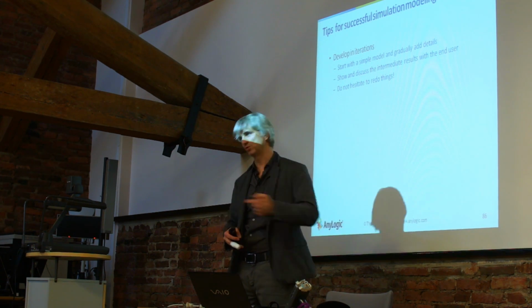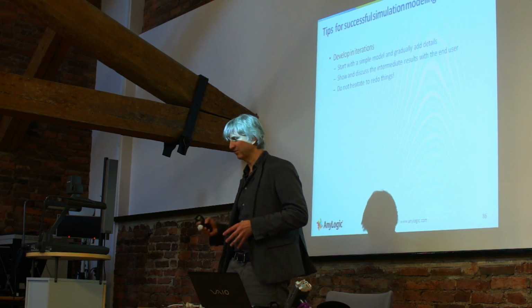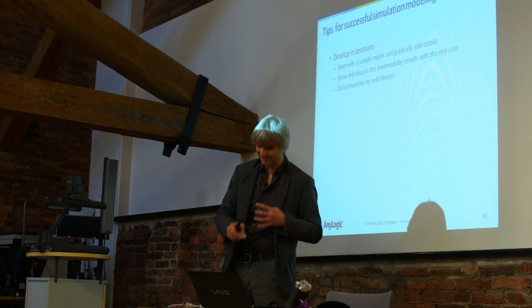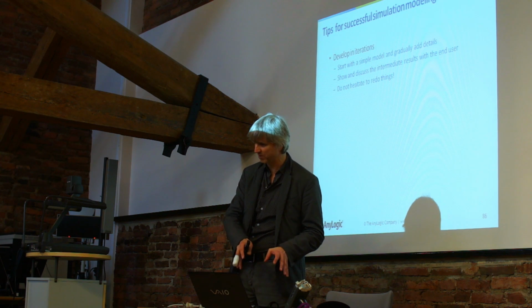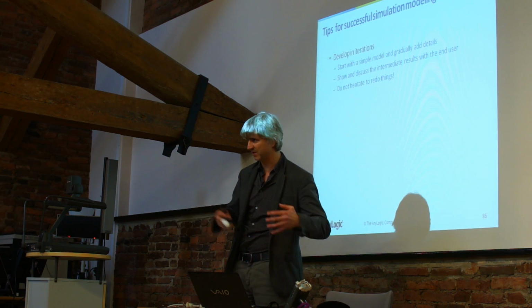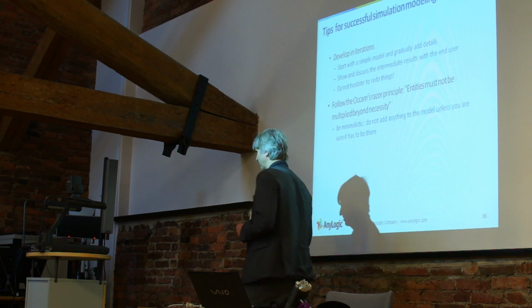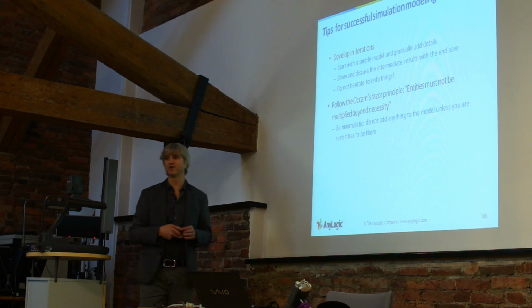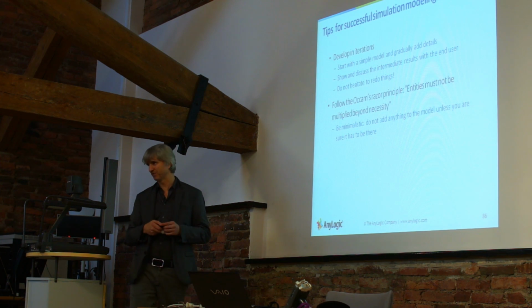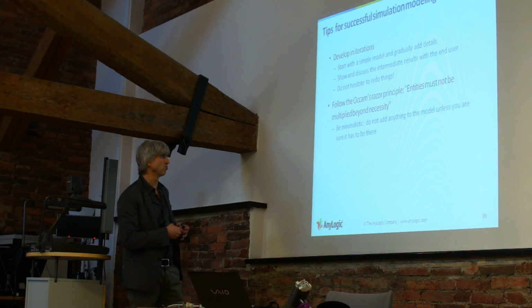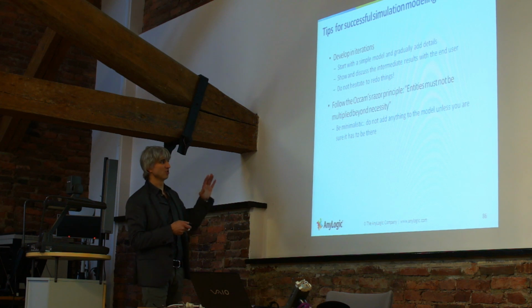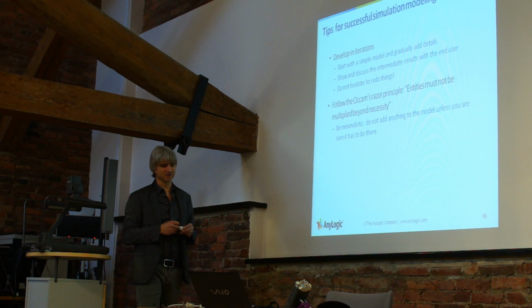You have something, go to the client, show, and ask, okay, please look at this. Does that really work this way? Do you see any differences with the real life? This is important. Again, I was saying that modelers are always tempted to model everything, the whole diversity of the real world. So minimalism is the very important rule in building simulation models.